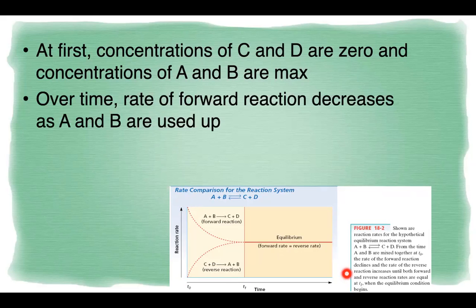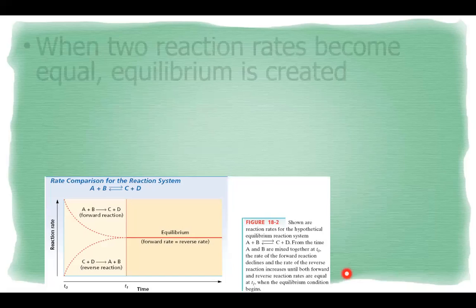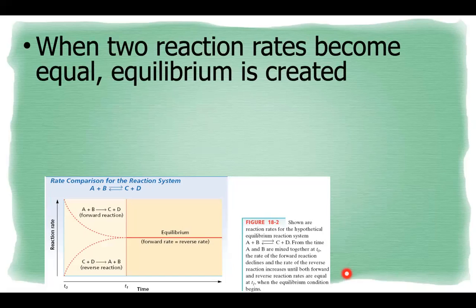Over time, the rate of the forward reaction decreases because A and B are being consumed. After the reaction starts, the concentrations of C and D increase, which means the rate of the reverse reaction will increase. When the two reaction rates become equal, that is where equilibrium is established.